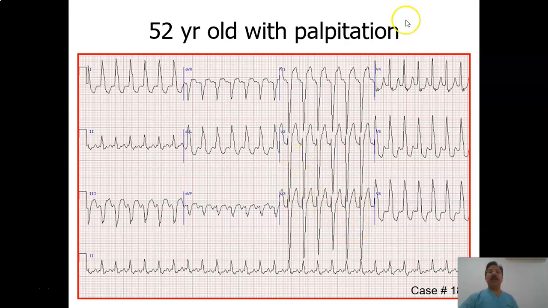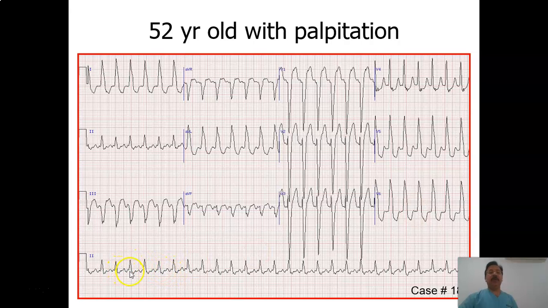Anything else interesting? This patient has palpitation. Okay, so the main finding on this ECG is to diagnose the rhythm. So rhythm is here wide complex tachycardia. So one of the possibilities is atrial flutter with 2:1 conduction with left bundle branch block.